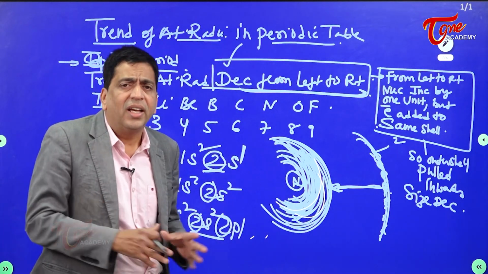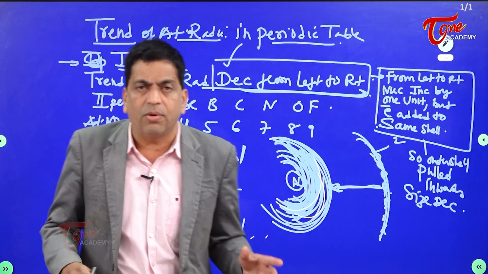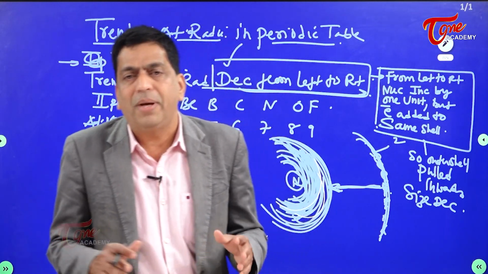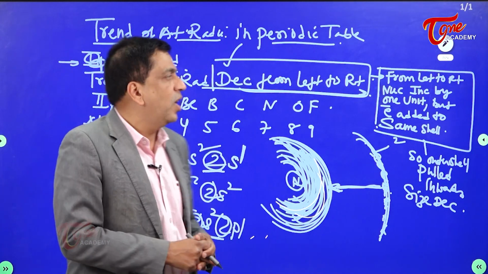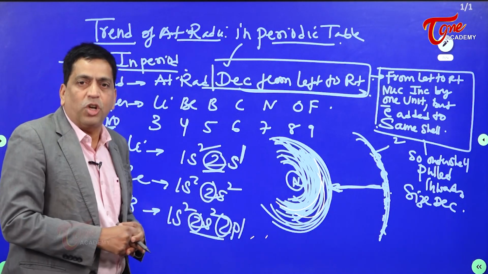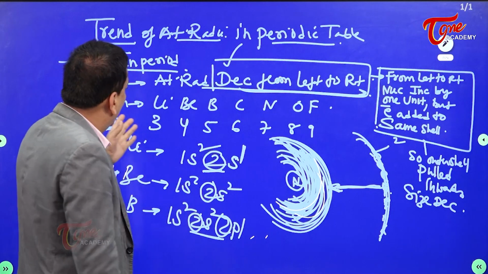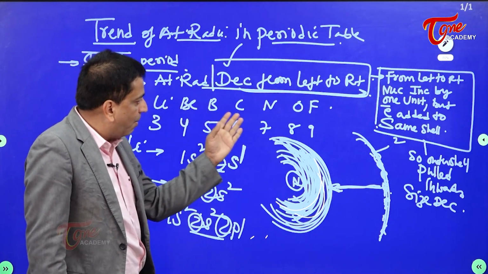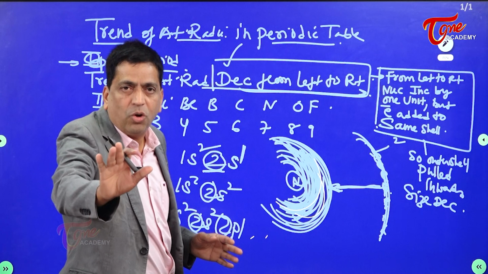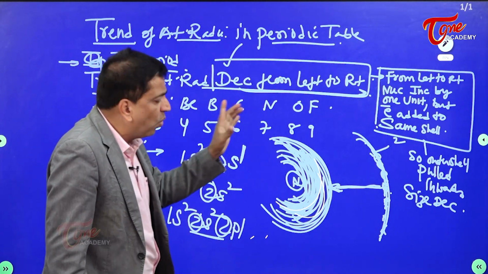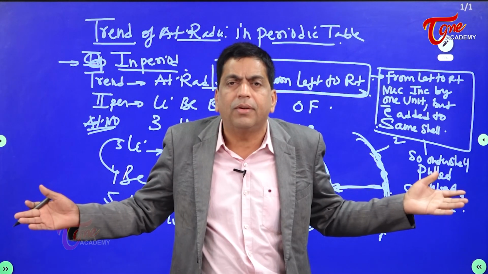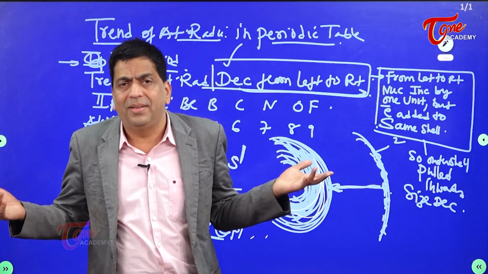Well, one thing, if students are observing me very carefully, I'm very conscious, and I think you might be asking a question to me. If you actually see, it is lithium, beryllium, boron, carbon, nitrogen, oxygen, and fluorine. Watch carefully here. From lithium to fluorine, I have written and I've stopped. I didn't write neon, right?